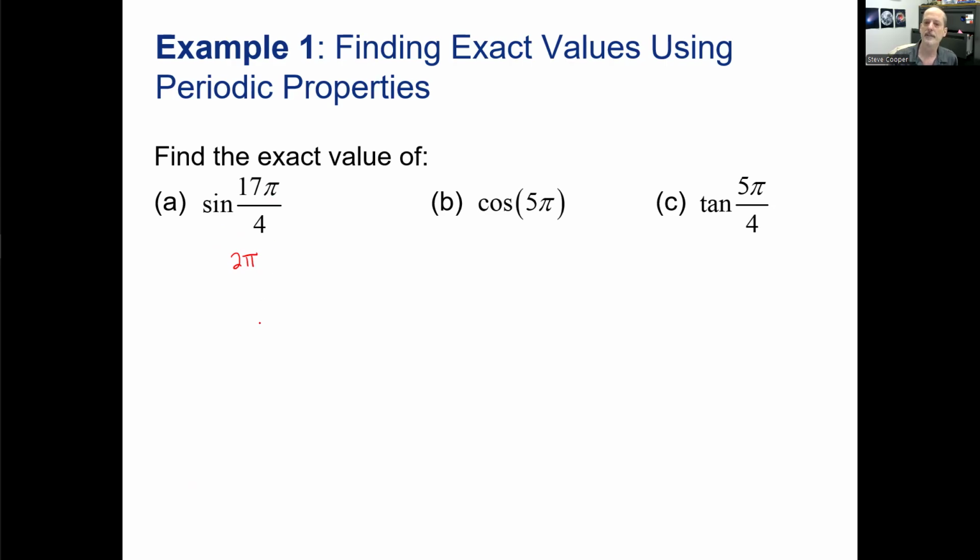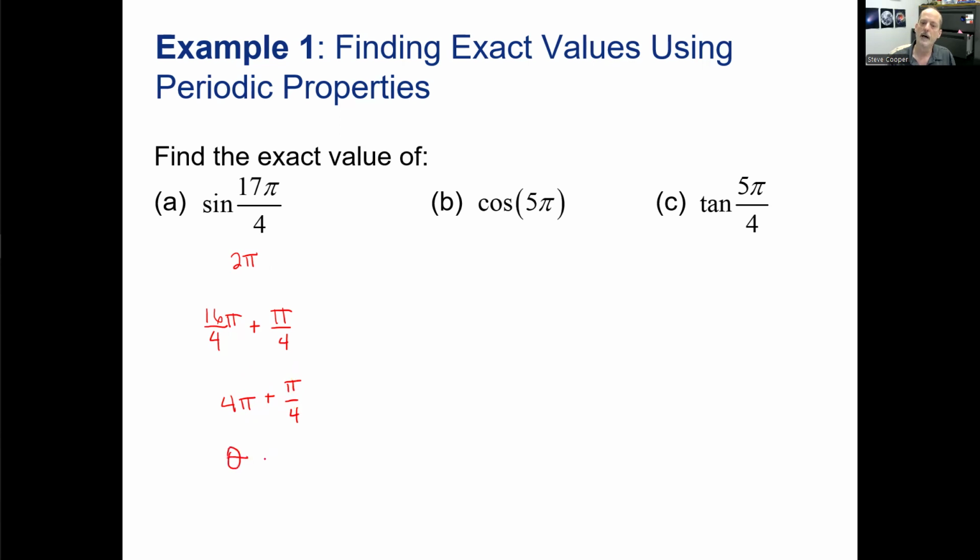So if we rethink 17 pi over 4 as 16 pi over 4 plus 1 more pi over 4, then of course 16 pi over 4 is 4 pi plus pi over 4. Okay, so now we've got this multiple of our period and our start point here. So the theta part would be pi over 4.